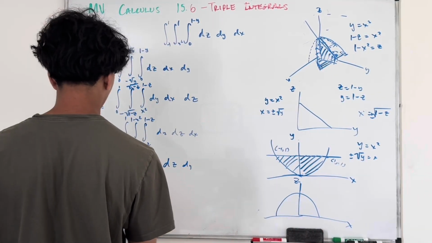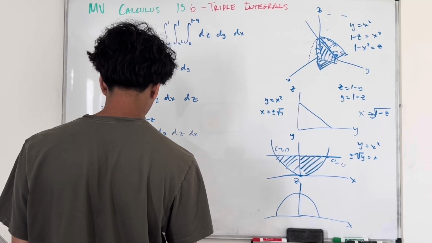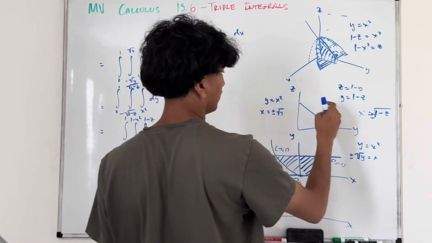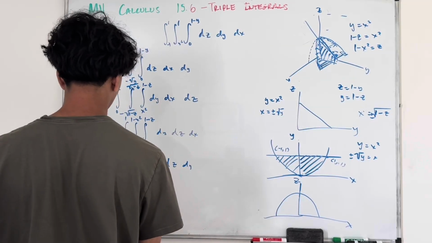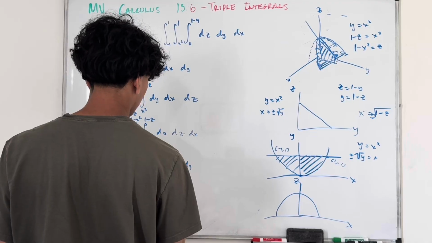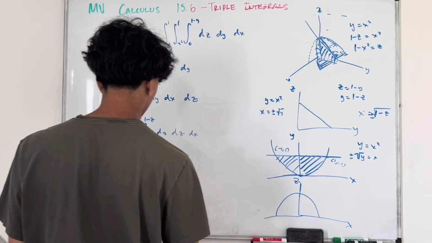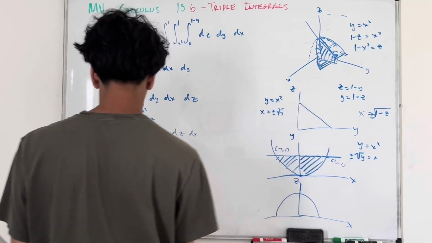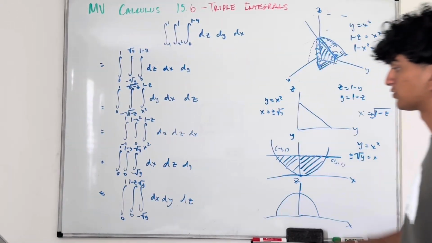And then if we just end this off, root y to negative root y for dx. Now I just do y equals 1 minus z, so 1 minus z to 0, dz, dx and then dy. And then for dz, I'm going from top to bottom, 1 to 0. Awesome. Those are all the orders.